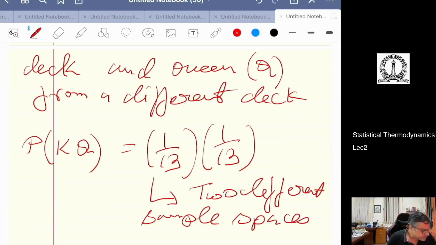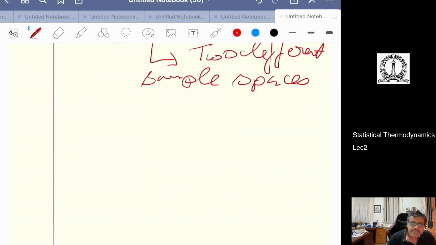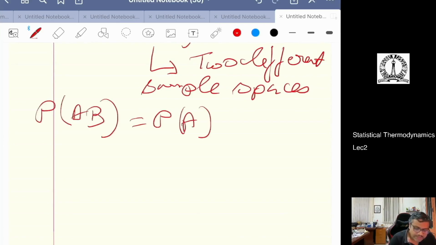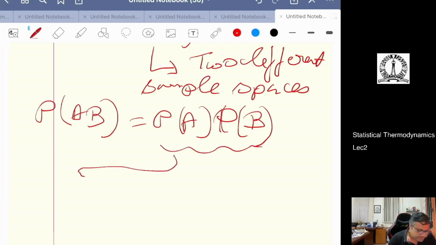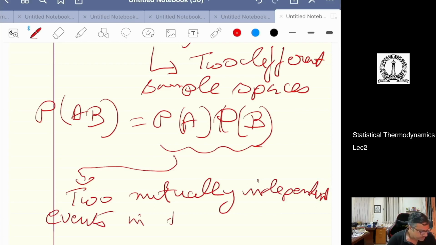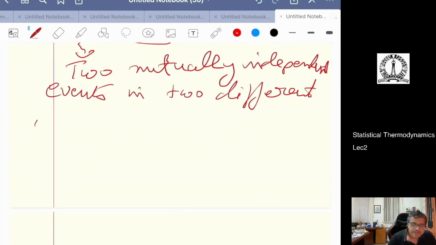So in this case, your P of AB is more like P of A into P of B. So this essentially implies that these are two mutually independent events in two different sample spaces.